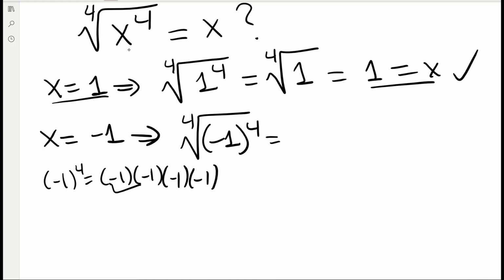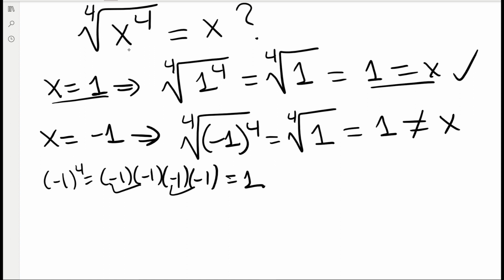Two negatives make a positive, two negatives make a positive, and a positive and a positive make a positive. So this is actually +1. So this is going to be the 4th root of +1. And what's the 4th root of +1? We just said up here earlier that this is 1. Now notice that this is not equal to x. Why is it not equal to x? Because we said that x was equal to -1 originally. So this does not work.